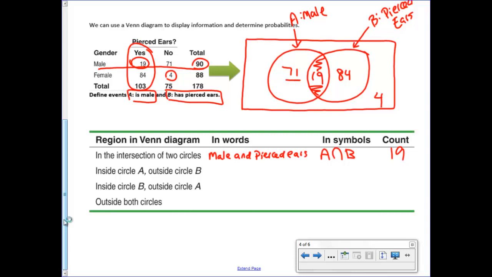The next one, inside circle A, outside circle B. I am inside circle A, but I'm not a part of circle B. Who are these people? They're male without pierced ears.